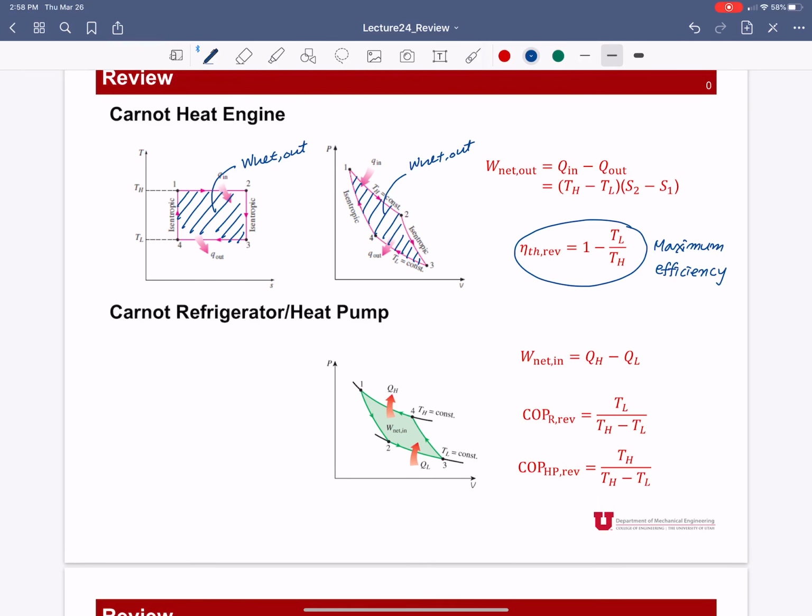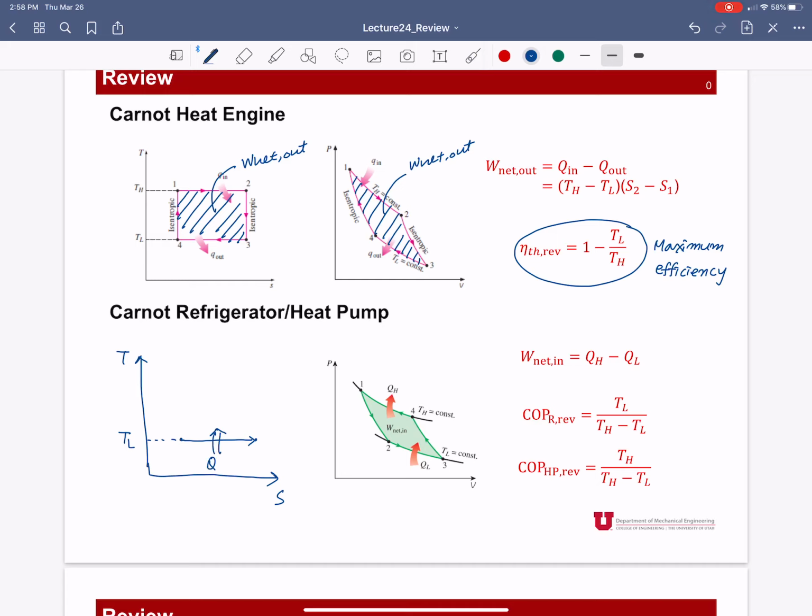Then how about the Carnot refrigerator or Carnot heat pump? The difference between a heat engine and a refrigerator is basically that in the refrigerator, we totally reverse the processes. So if you try to draw the TS diagram of the Carnot refrigerator, we still have the same rectangle, but it starts from TL, and we have a heat input process.